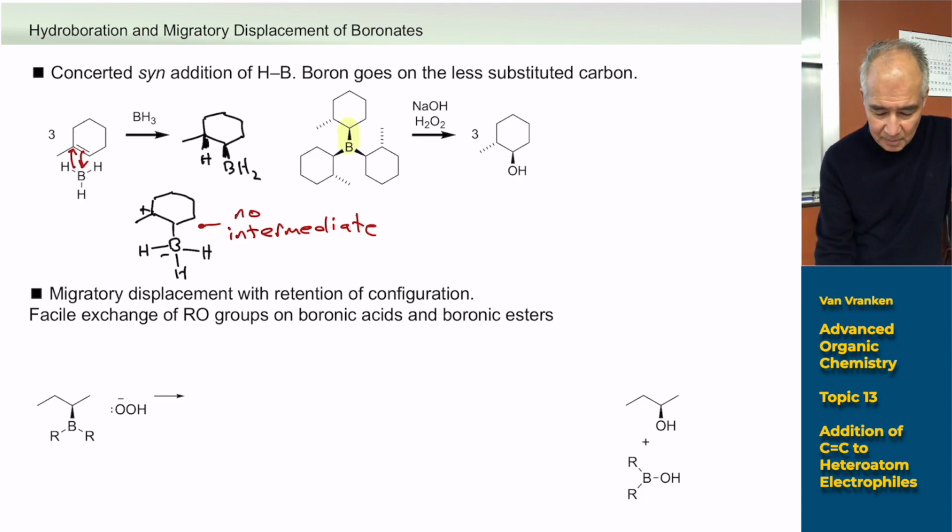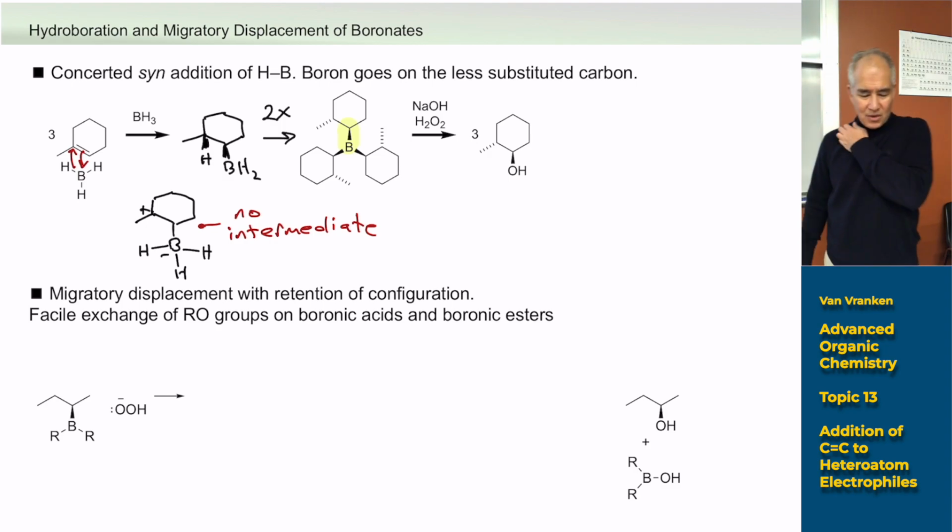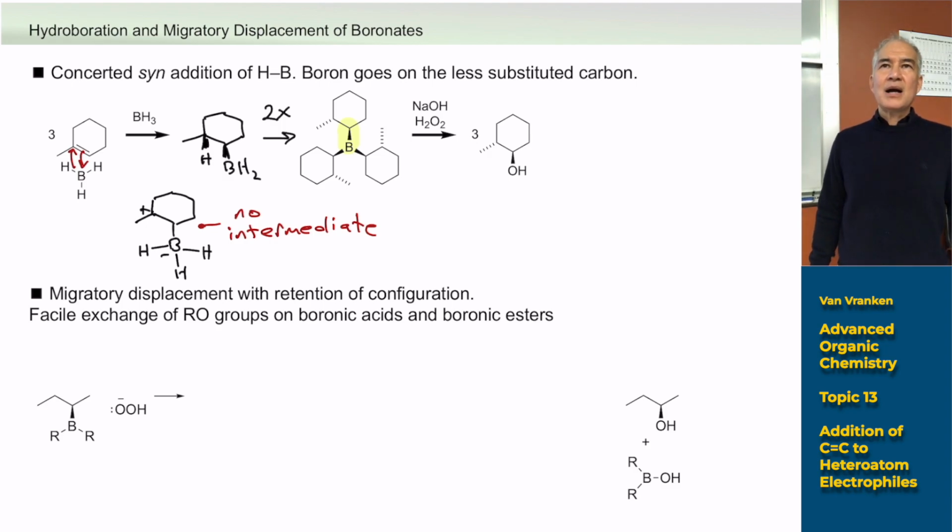And because there's two more BHs on here, suddenly the mechanism that looks so clean and easy becomes kind of complex because we have to do this 2 more times. I'll just write 2x there. We have to do that 2 more times on 2 other groups. So if you're using BH3 as your hydroborating reagent, your mechanisms become painfully 3 times longer for no real benefit.